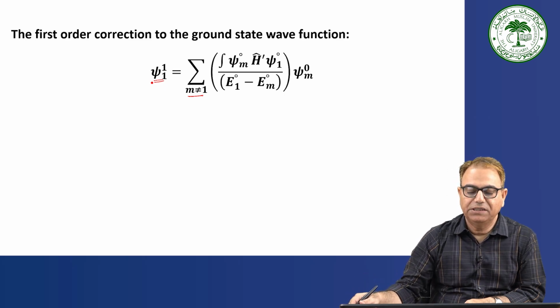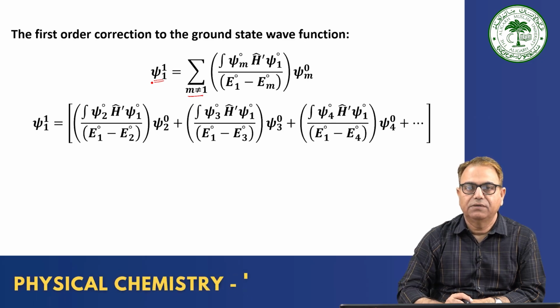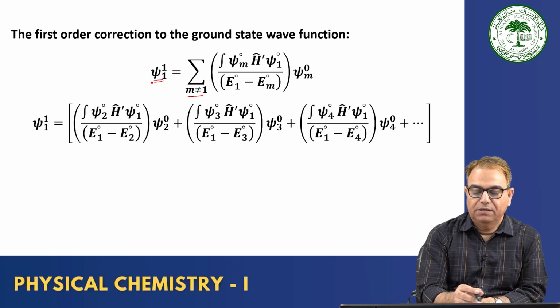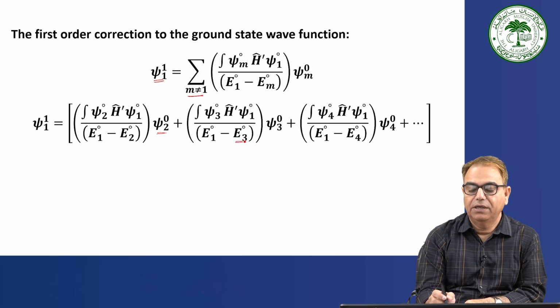If you expand this summation for a few terms, you can write it like this. The first term will be E1 naught minus E2 naught, and here you will have psi 2 naught. Psi 2 naught is known to you because it's for the unperturbed system. Then the second term will be E1 naught minus E3 naught, with psi 3 naught, which is also known to you.